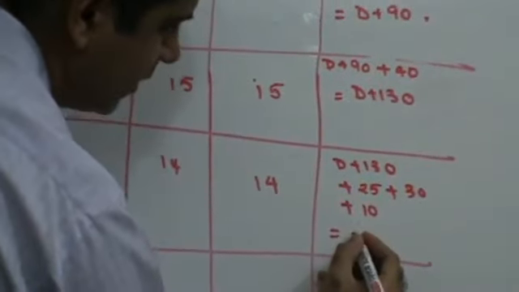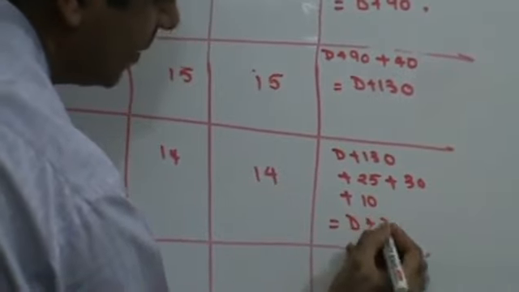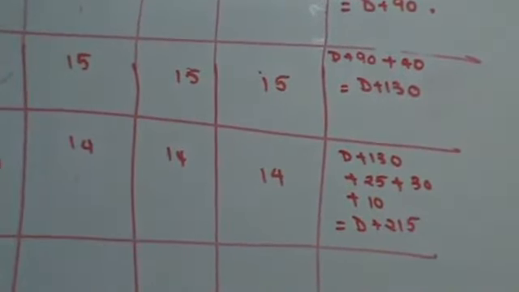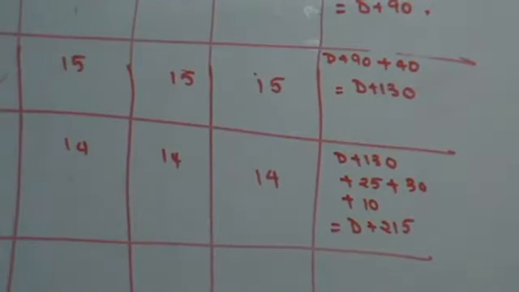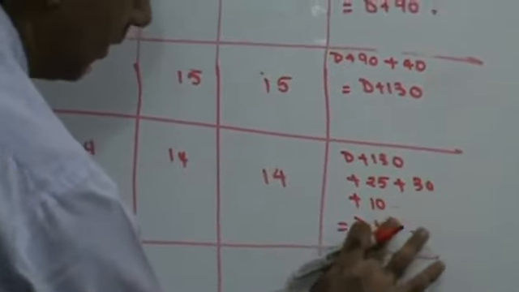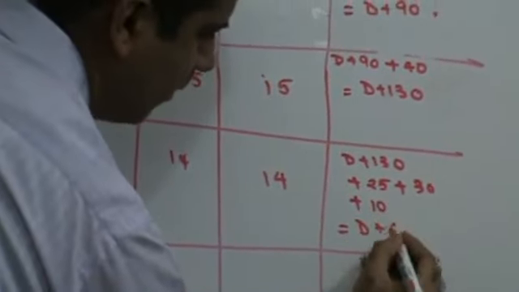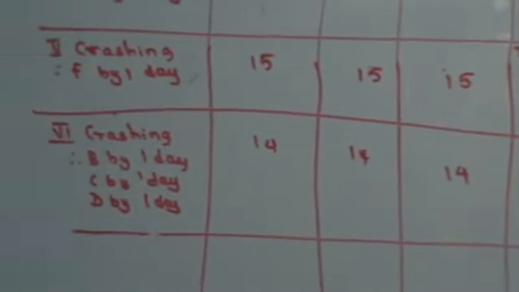So this is 70. 195. No, not 250, it should be 195. Plus 130 is 195. So my cost now becomes D plus 195, right?